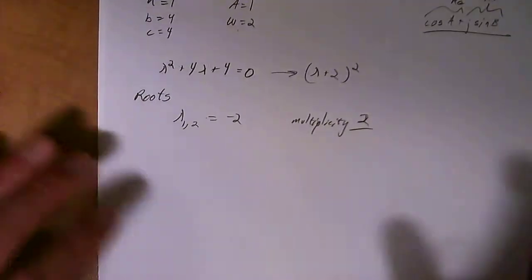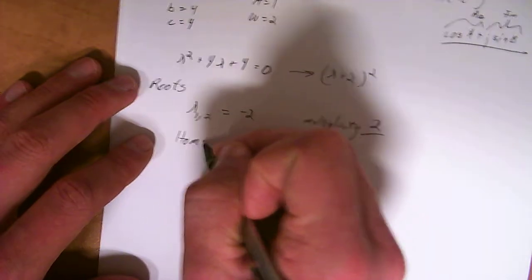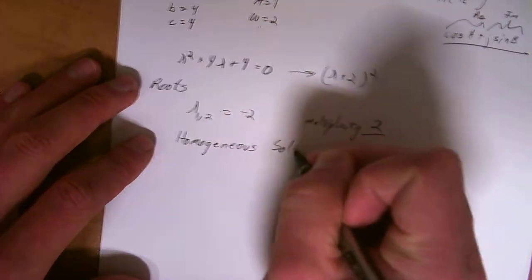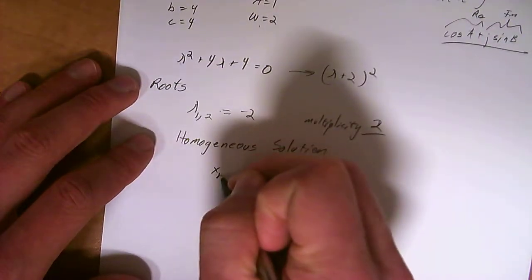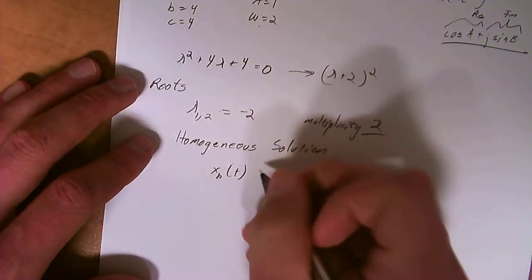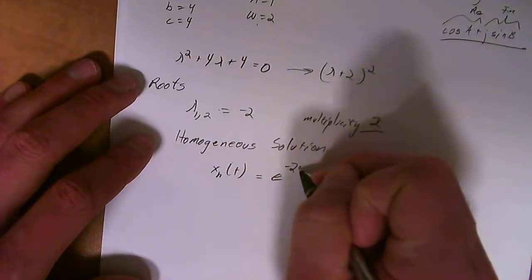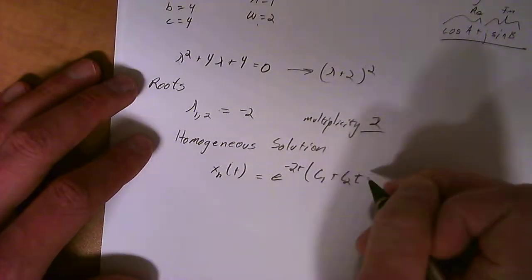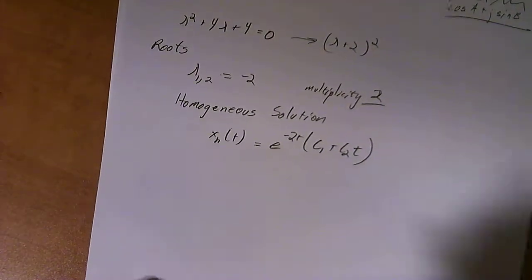So multiplicity of 2, which helps to define the next equation. So for the homogeneous solution, we're going to go x sub h of t is equal to e to the negative 2t times c1 plus c2t. Okay, so what did I just do?